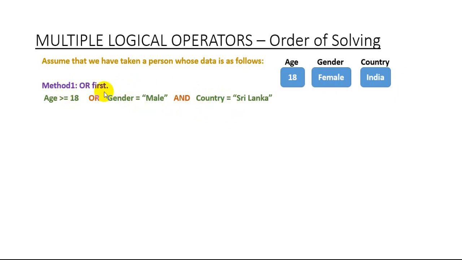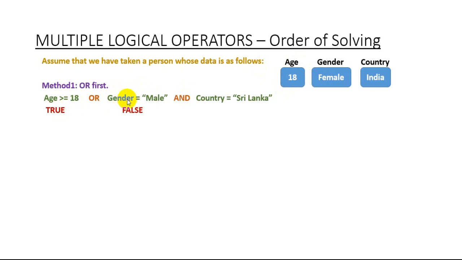For the first method we are going to use the OR first and solve this. Age greater than or equal to 18: whenever you have two operators like greater than and equal, if one of them is true, this becomes true. Age is a variable containing 18, so it's not greater, but it's equal. Because equal is true, this is true.